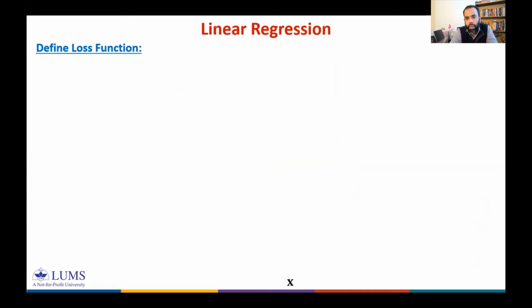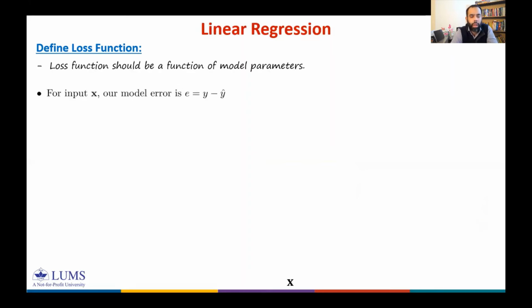A loss function should be a function of model parameters. For input x, if you recall, what was our error? Model error is your observed value y minus y hat. What is y hat? Model output, which is f hat of x theta.